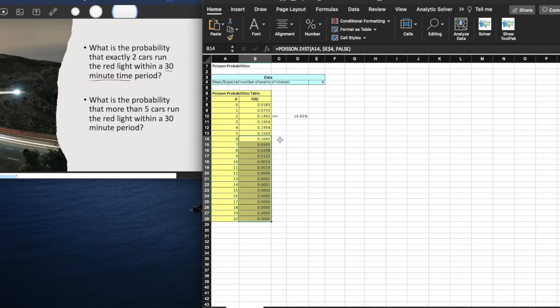So we can find the sum of these values by doing sum, and we're going to only include 6 and greater. And the answer to this question is there is a 21.49% chance that we will see more than 5 cars run the red light within the 30-minute time period. So this is how you use Excel to solve binomial and Poisson distributions.